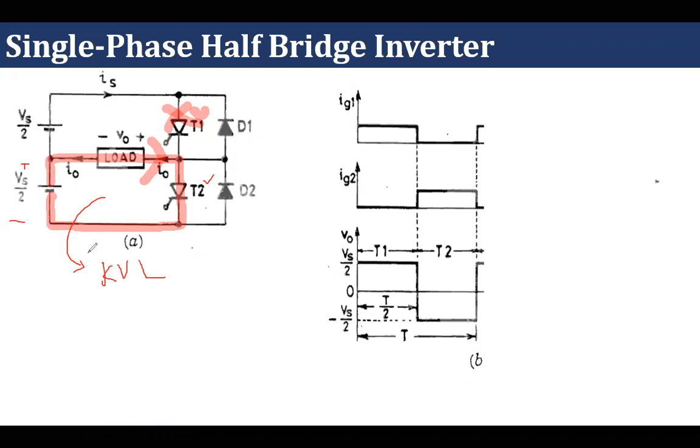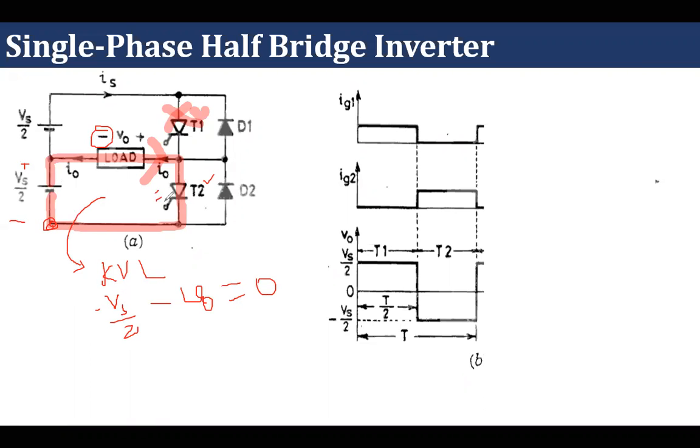KVL equation we can easily find out the output voltage. So from the KVL I am starting from this point, so easily I can write minus Vs upon 2, and then again this is the minus sign, so minus V0 is equal to 0. Again I am neglecting the voltage drop across this device.